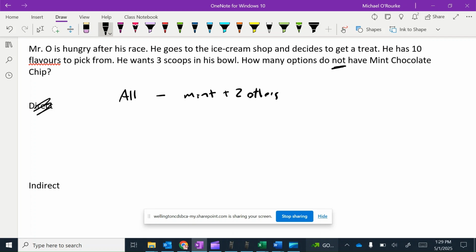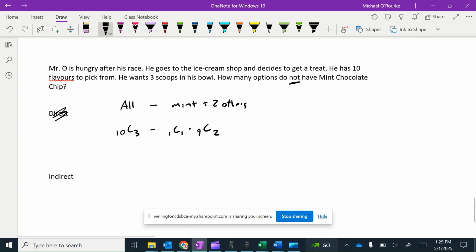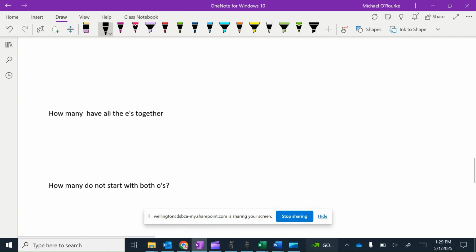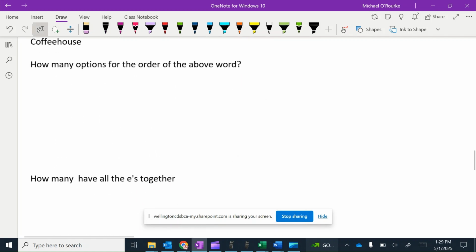Now, it doesn't really matter what order the ice creams go in your bowl, since they're all just going in a bowl. It's not a specific stack. So it's going to be a C. So realistically, my all options 10C3 minus, well, I want mint in there, 1C1 times 9C2. And that will give me all my options minus the ones that I have mint in the bowl.